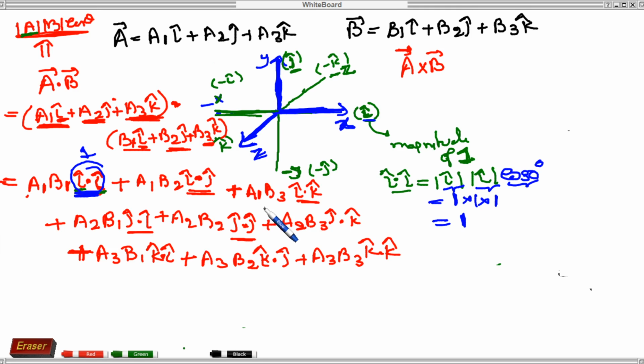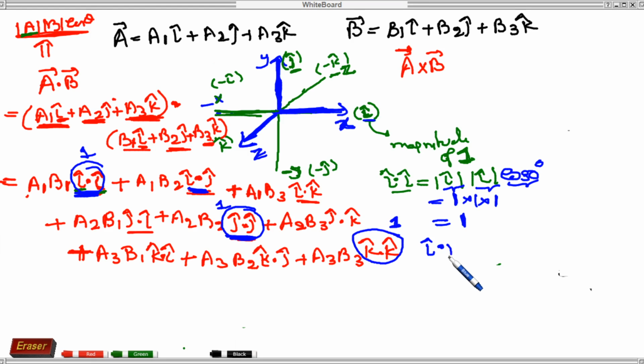Similarly, j dot j will also become 1, and k dot k will also become 1. Now let's talk about i dot j.